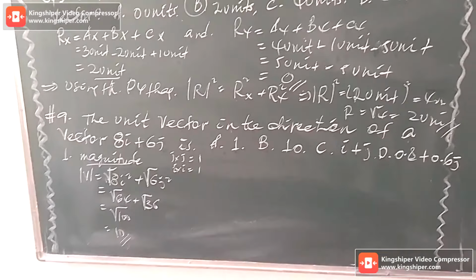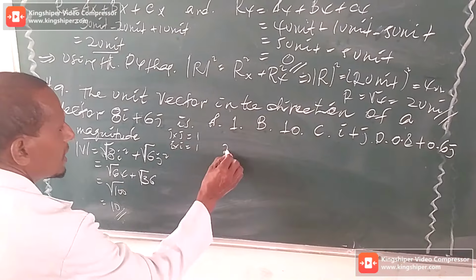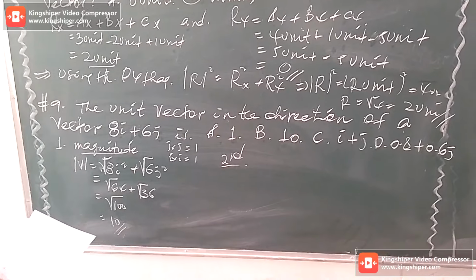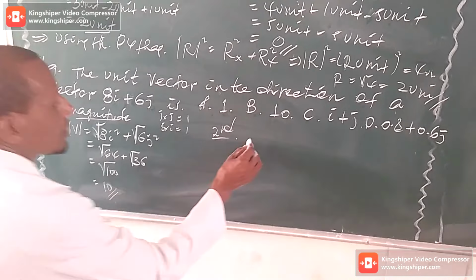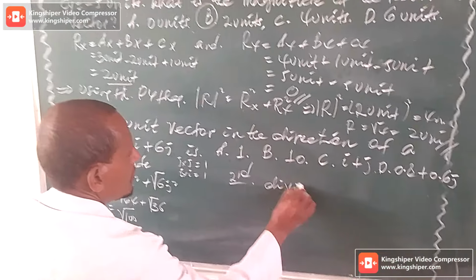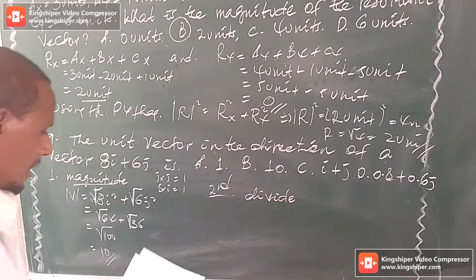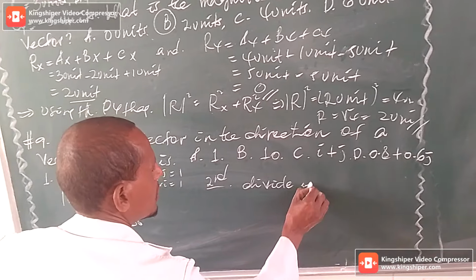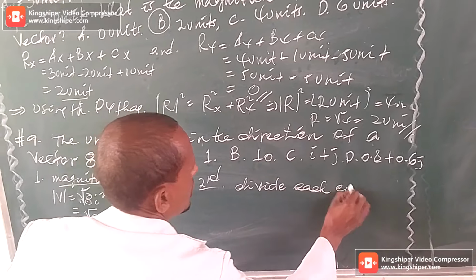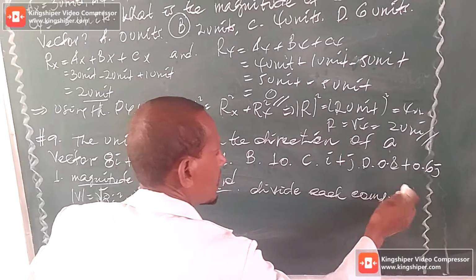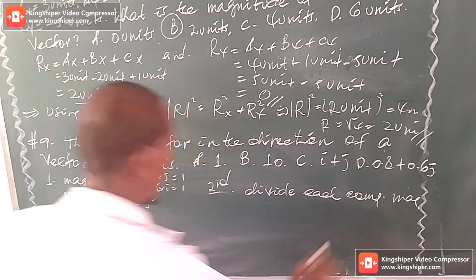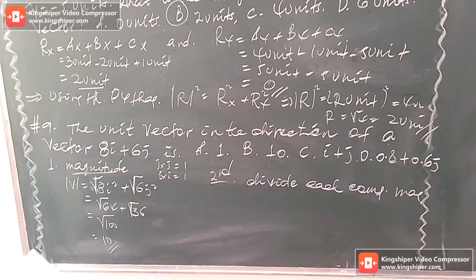This is the magnitude of the given vector. The second step, we have to divide each component by the magnitude.